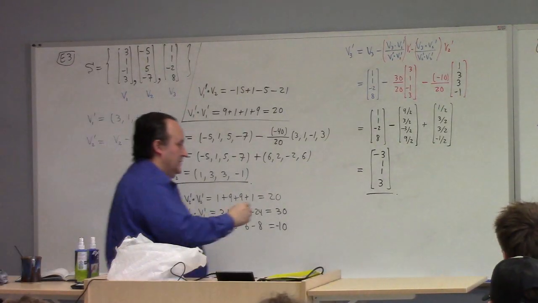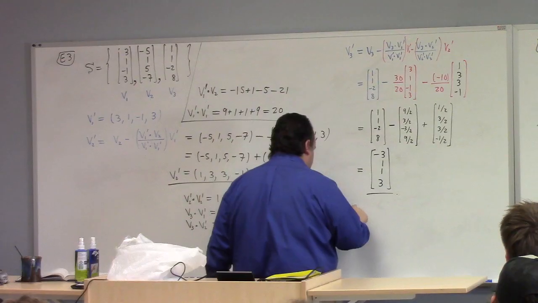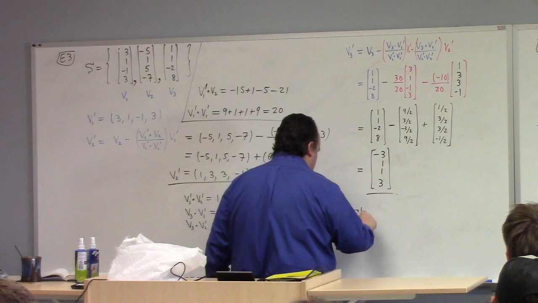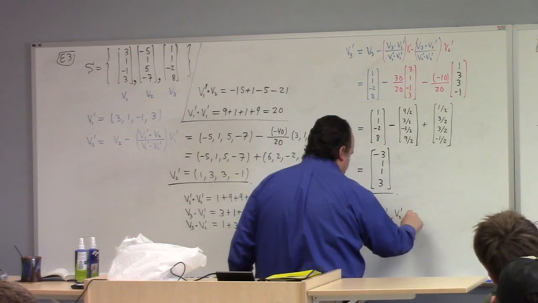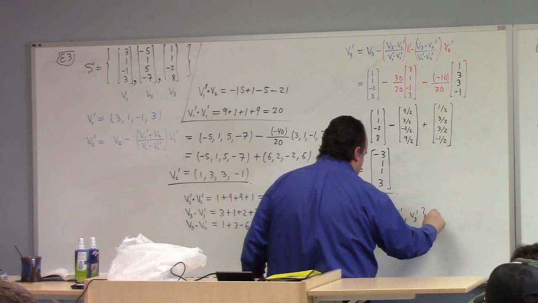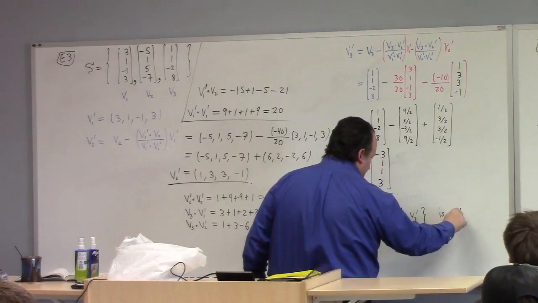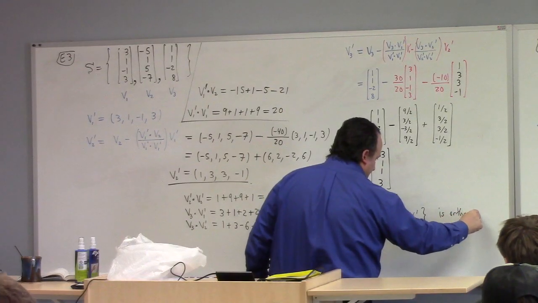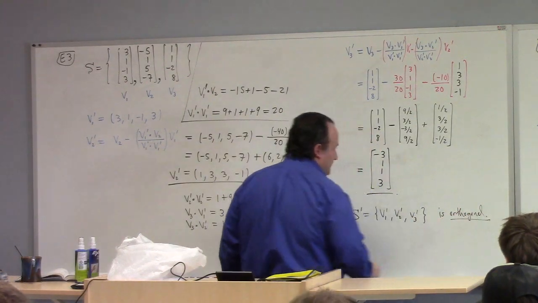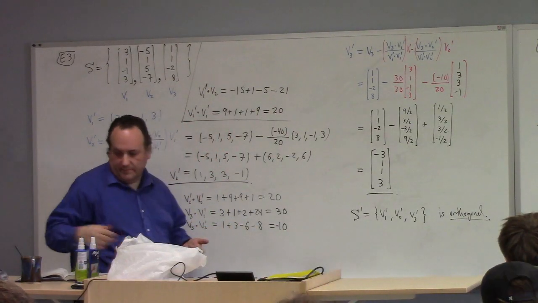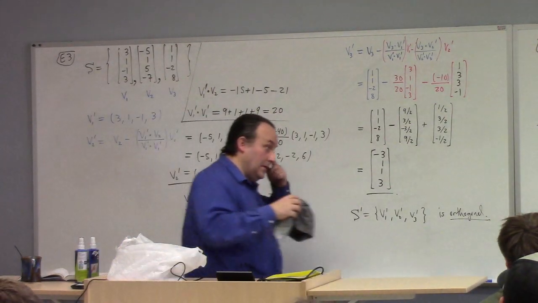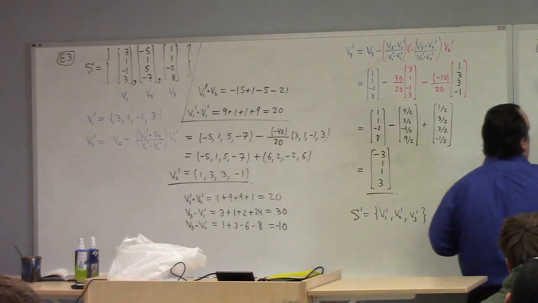My S prime, which we could write of, I'm not going to write it again, but V1 prime, V2 prime, V3 prime is orthogonal, right? Then how do I write this as an orthonormal set?